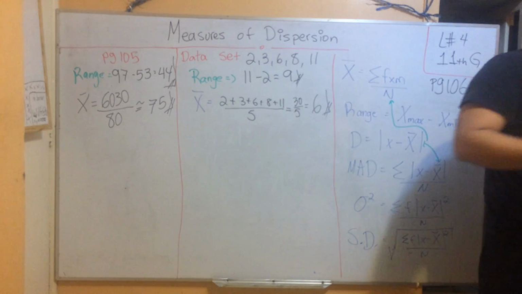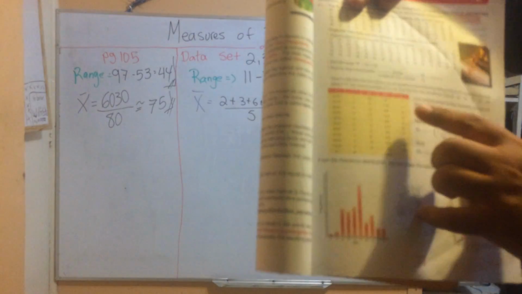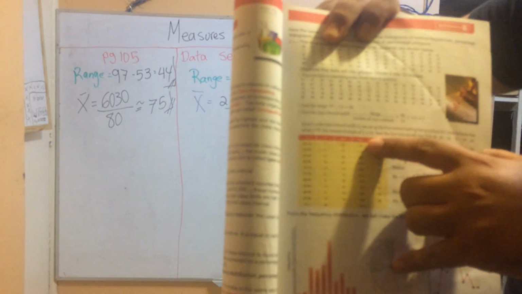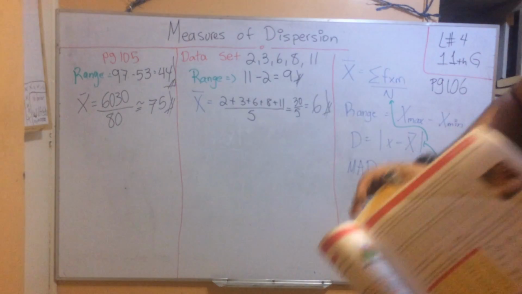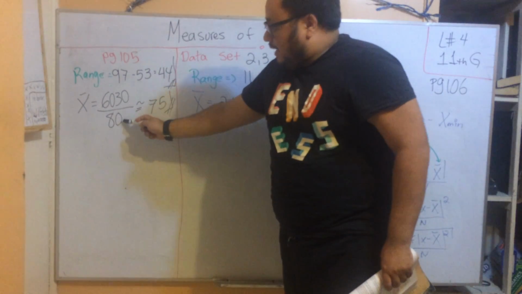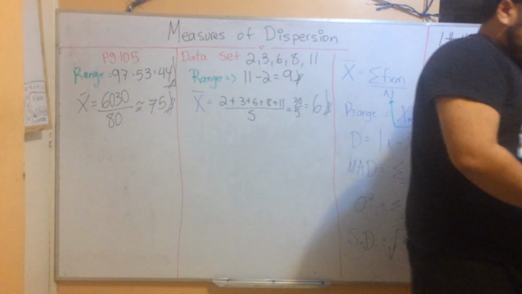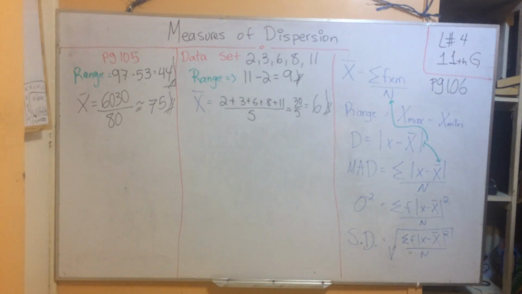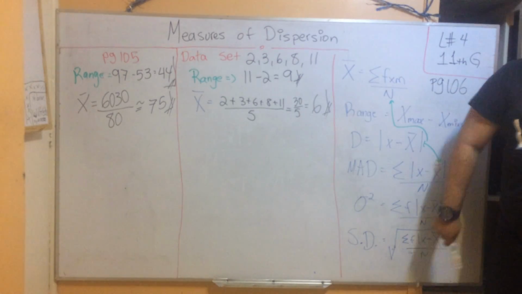Remember that in the frequency table, the column that says frequency times XM, the addition of all of these values is 6,030. That's where we get this number, and 80 is the number of scores. When we divide, we have 75. That's the number that we need so that we can complete the rest of the information.